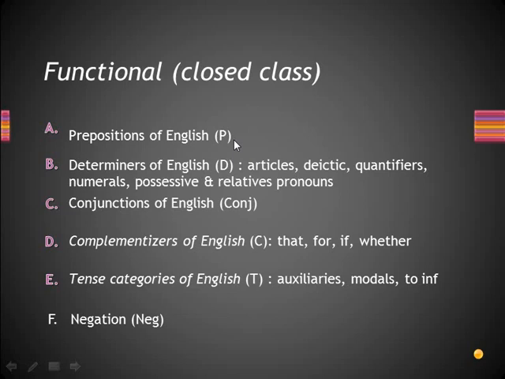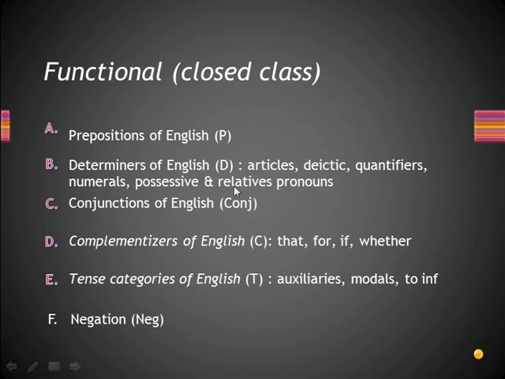Ada yang 2 kata, like into, and ada yang 3 kata, in front of. Determiners adalah penanda noun, so they include articles: the, a, and an. Deictics, termasuk pronouns juga. Quantifiers, like several, many, and so on. Numerals, possessive pronouns and relative pronouns.